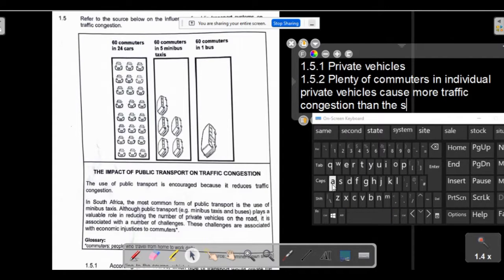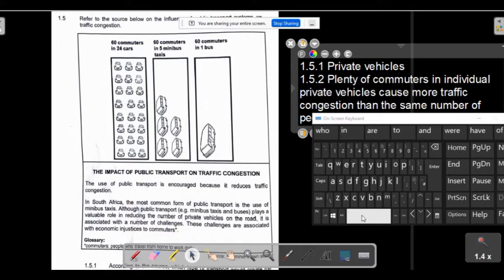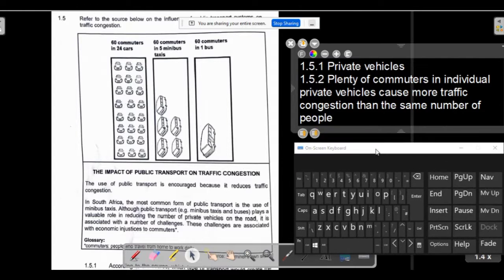Basically, I'm interpreting what we see there. So the same number of people, but in one large vehicle.